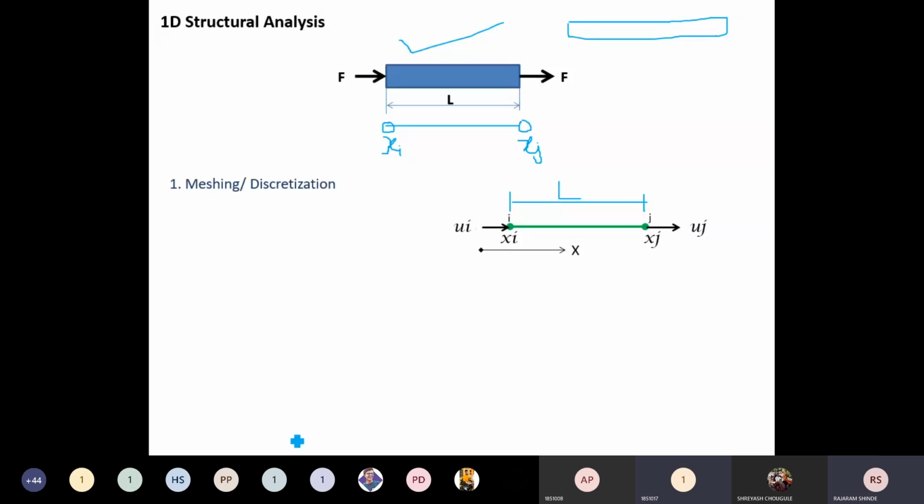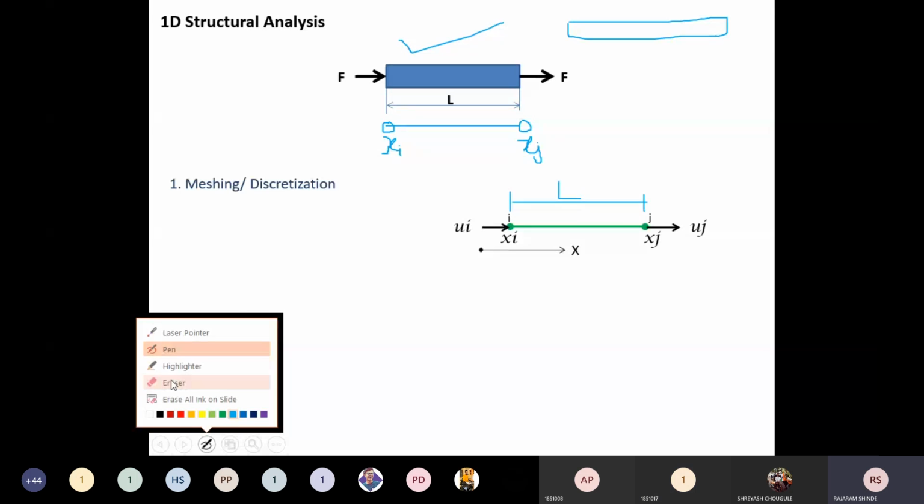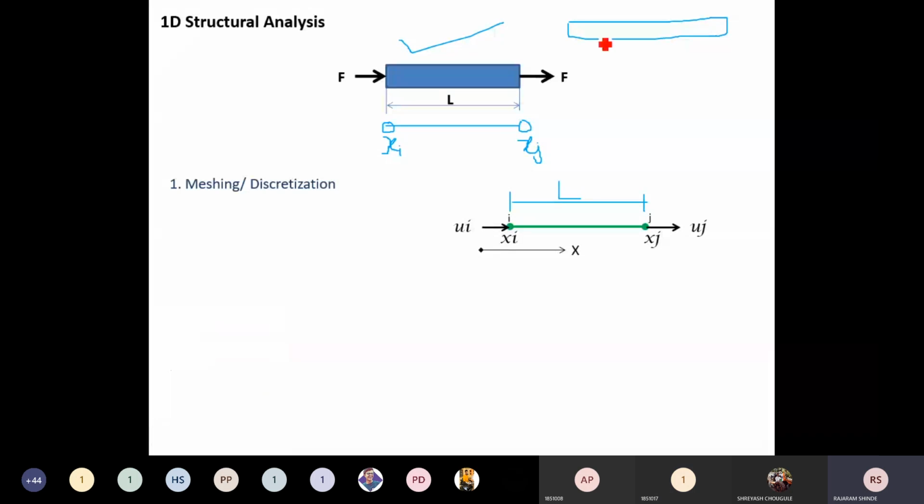If you have this type of problem, suppose it has forces at this location. Suppose in the actual problem there is a support, maybe a compulsory support. If you have force at this location, are you getting this? Now the discretization is like this.